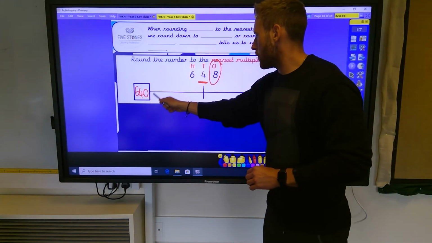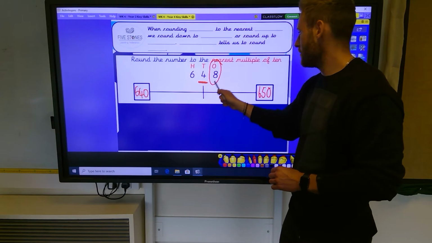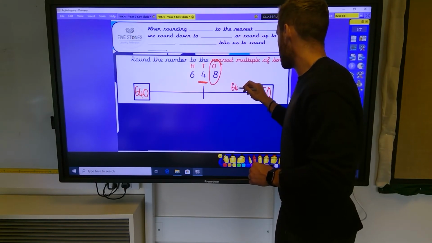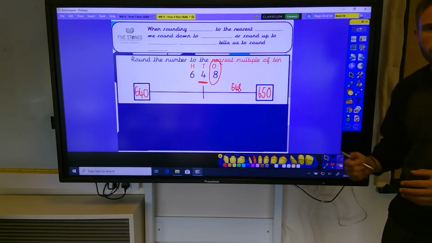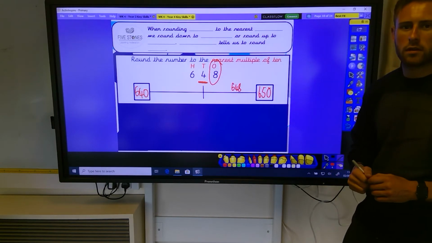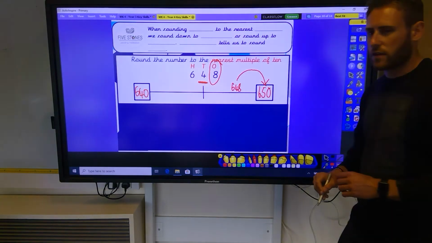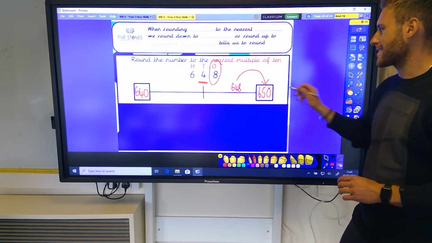So 640, 641, 42, 43, 44, 45, 46, 47, 48. So 648. Which multiple of 10 is it closest to? It is closest to 650. So we would round this number up to 650.